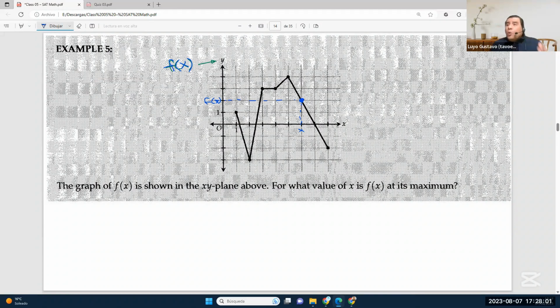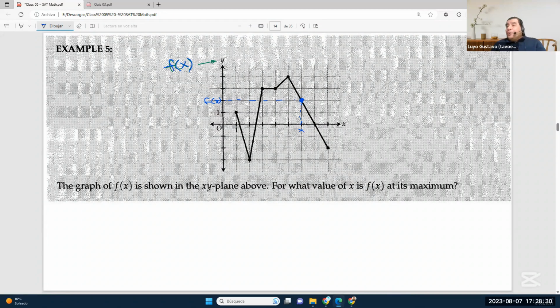For what value of x is f of x at its maximum? In other words, what is the point on this curve that has the greatest possible value for the output, for f of x or for y? Clearly, it looks like a histogram. This point, then it goes down, goes up, then keeps the same, goes up again, and then goes down and never goes up again.